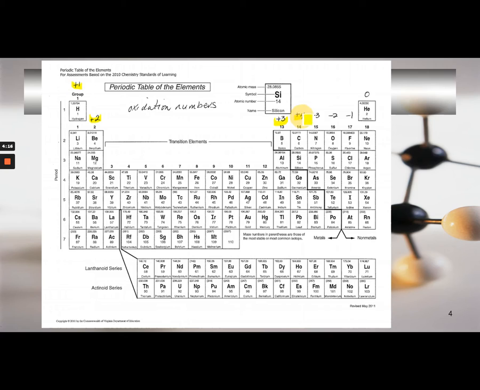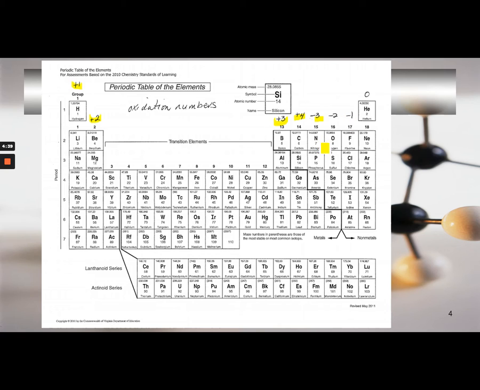Most elements in group 4, plus 4. Then we start gaining electrons with the nonmetals, because at this point we have half of the 8 valence electrons. And energy-wise, it's easier now to gain the few rather than lose more. So in the nitrogen group, we end up with negative 3.